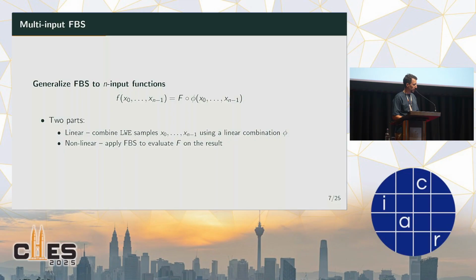We combine LWE ciphertexts using a linear combination phi, and after, when we have one single value, we evaluate a single functional bootstrapping. In this way, you can evaluate any n-variable function using the single-value functional bootstrapping.